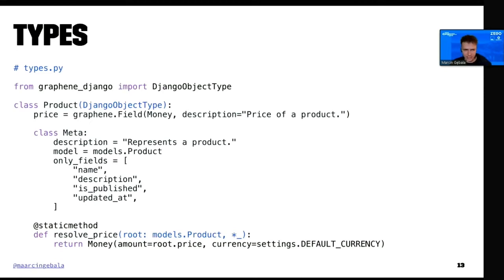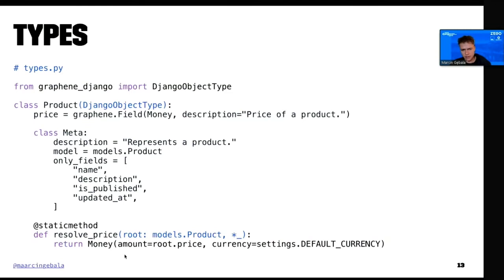If we wanted to add custom fields to our type, we can easily do that as well, and we do that in a declarative manner. This is an example of a custom field. We declare those fields here at this level, so it's very similar to declaring model fields. And for each field in our type, we also need to create a resolver. Let's look at this method here. resolve_price is a resolver function, and it will be called by Graphene whenever it finds this field in the schema.